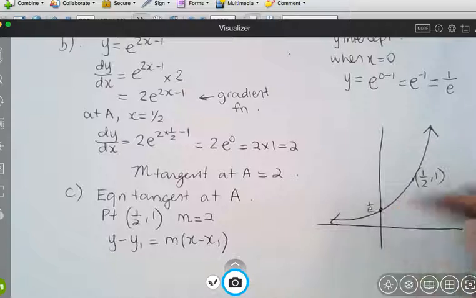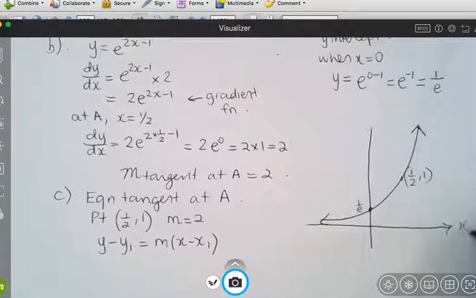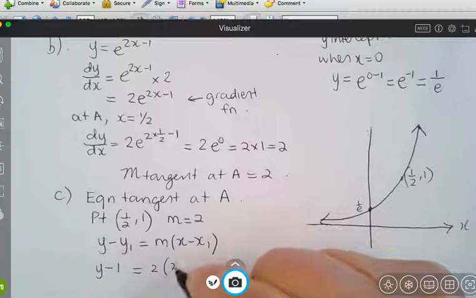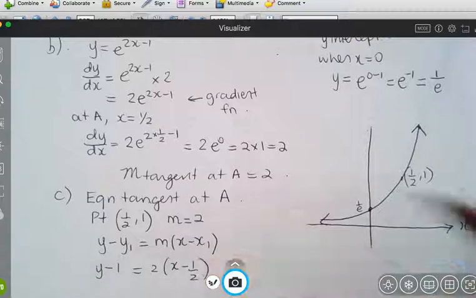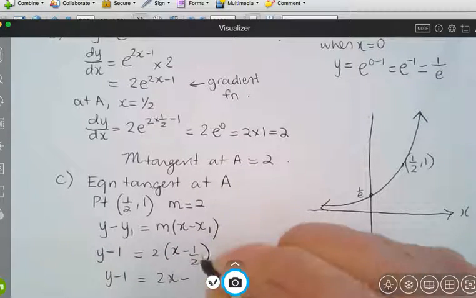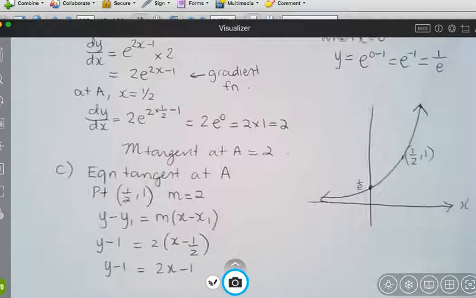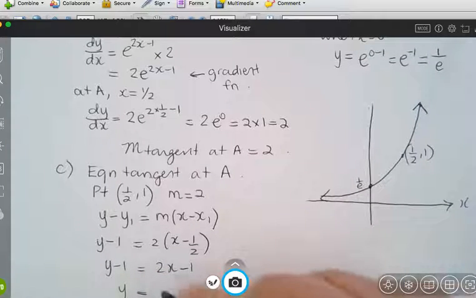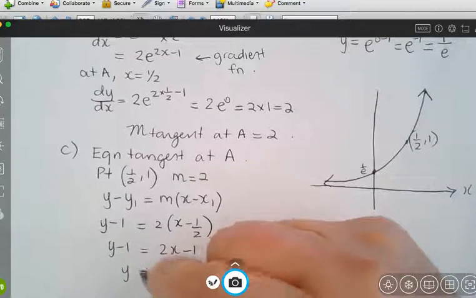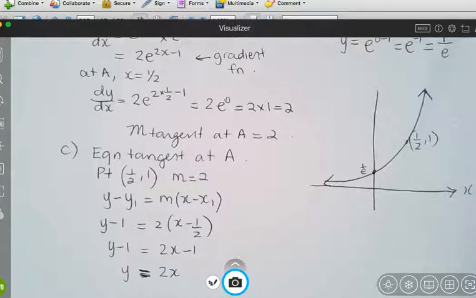So y minus 1 equals 2 bracket x minus a half. y minus 1 equals 2x minus 1. y equals 2x, because it's minus 1 plus 1. So that is the equation of the tangent.